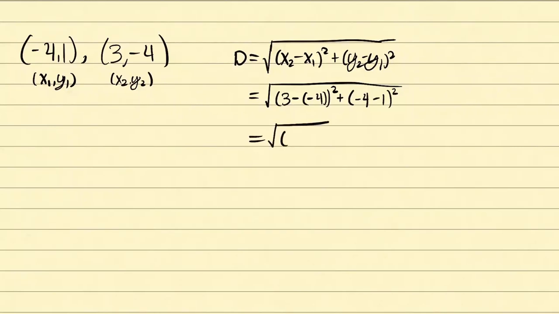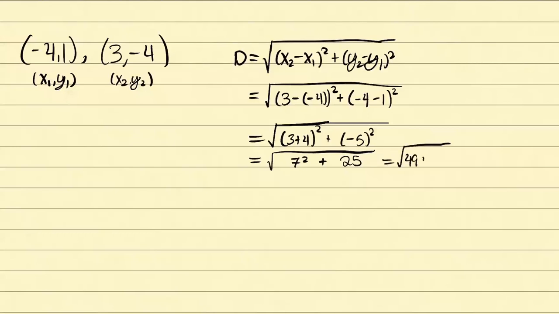So inside this parentheses, this becomes 3 plus 4 squared because I'm minusing minus 4. This becomes minus 5 squared. This is the square root of 7 squared plus 25. This is the square root of 49 plus 25. That's 74. So this is the square root of 74.